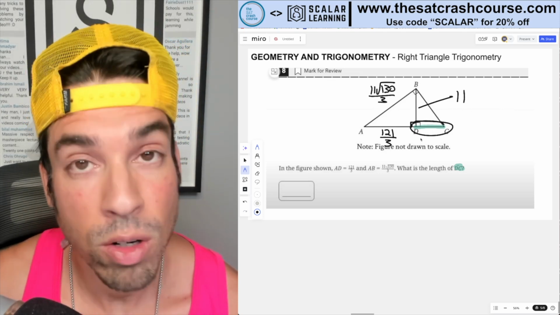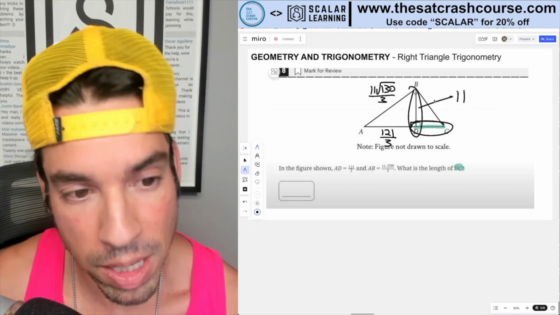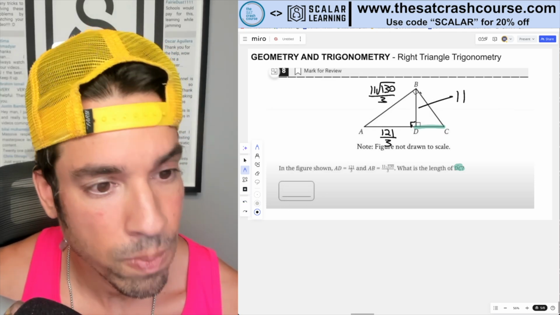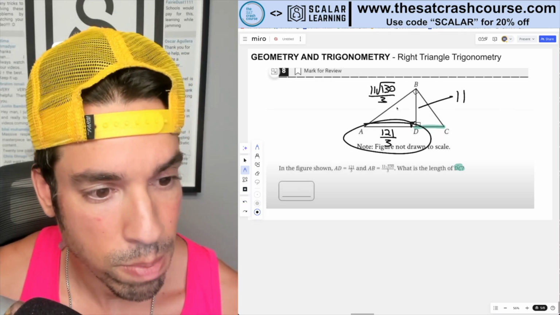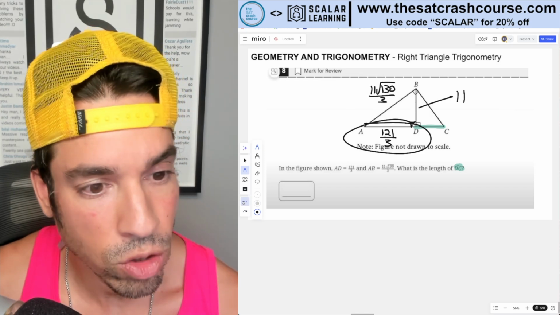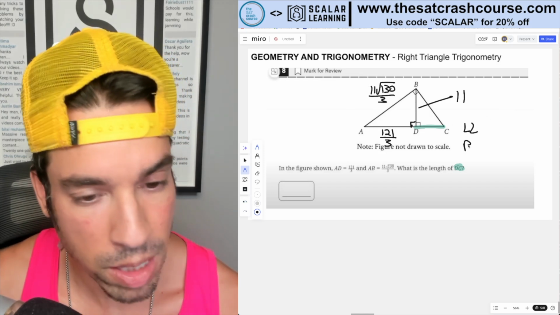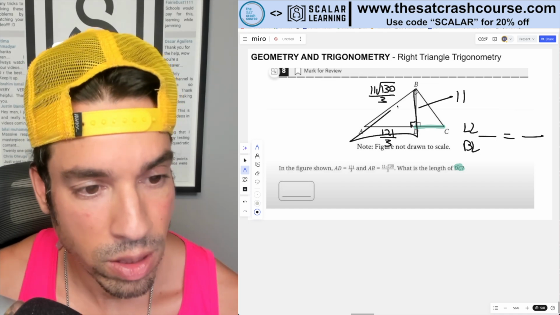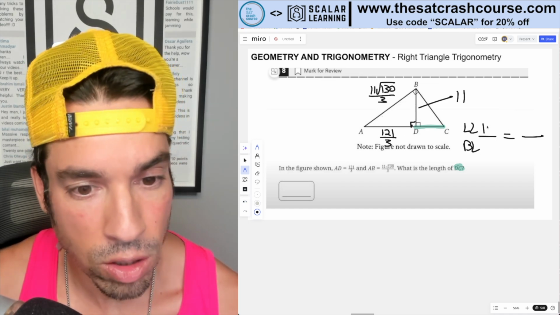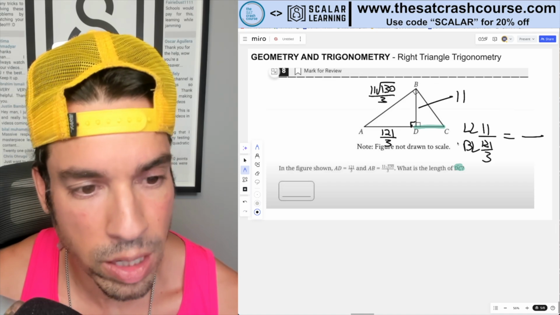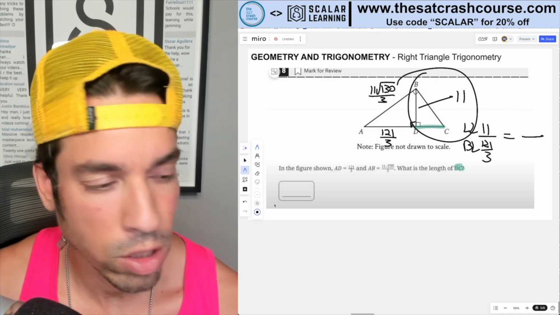This is the little leg of this triangle. This is the big leg, and this is the hypotenuse. 11 for the medium-sized triangle is the little leg. This one is the big leg, and this is the hypotenuse. So what I can do is I can set up a little leg to big leg proportion. So again, for this triangle, I can say little leg, which is 11, over big leg, which is 121 over 3, equals, and then we're going to go to the smaller triangle.